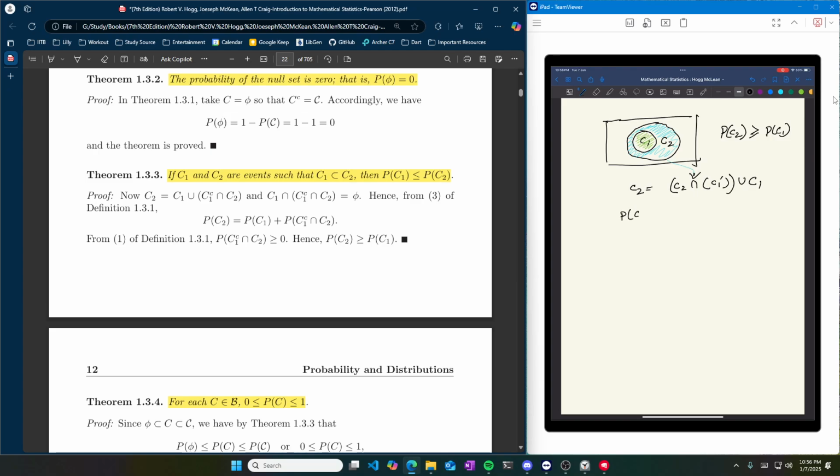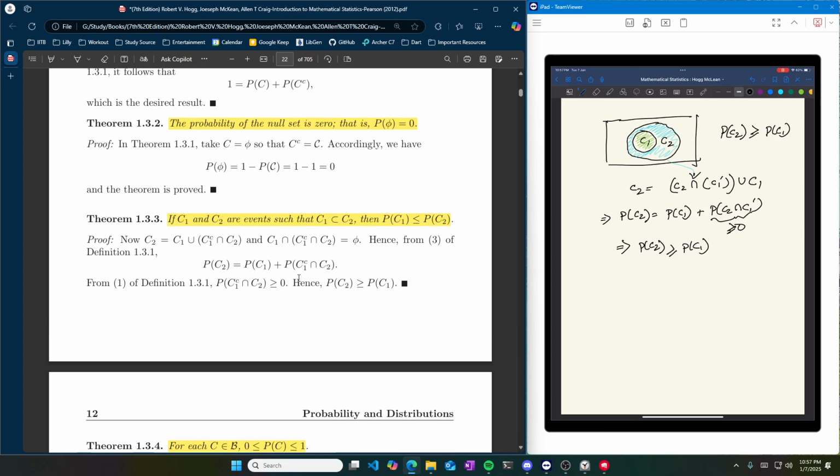Then the probability of C2 would be the probability of C1, as they are mutually exclusive and don't contain any portion together, plus the probability of C2 intersection C1 complement. Now we always know probability is non-negative, which is greater than or equal to 0. That means the probability of C2 is always greater than or equal to the probability of C1. If we just remove this whole part, it is always non-negative, right? So which is good.